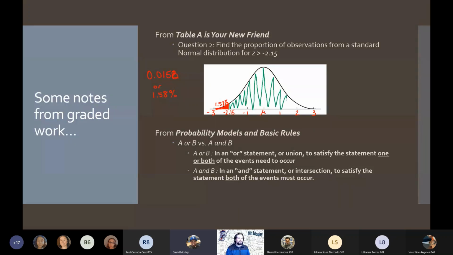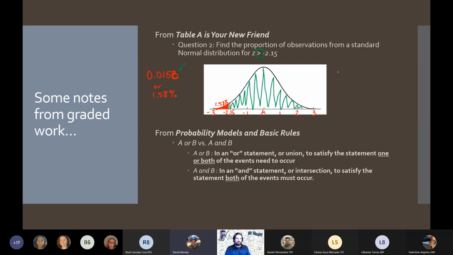Now, if we draw the picture and we look at this, it's easier to see that this should obviously be a large percentage or a large proportion. The step that you're missing is when we have a sign flipped over here where it says z is greater than. We take that z-score, find this value, and then subtract it from 1.